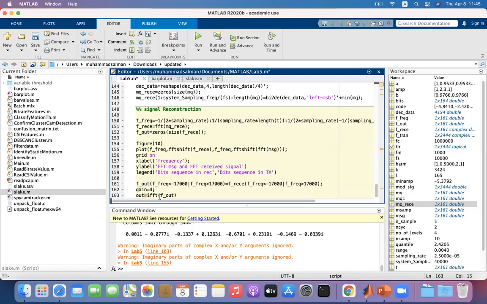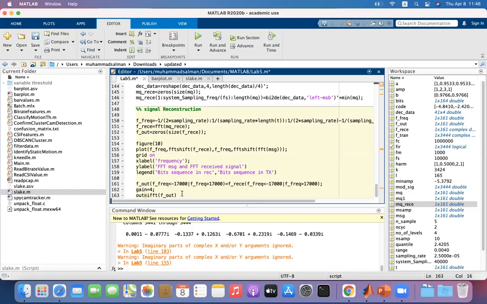FFT converts it from time domain into frequency domain, and the inverse fast Fourier transform, or IFFT, converts it back into time domain, because we want to see the signal exactly in the time domain and compare it with the signal that we had transmitted, right?